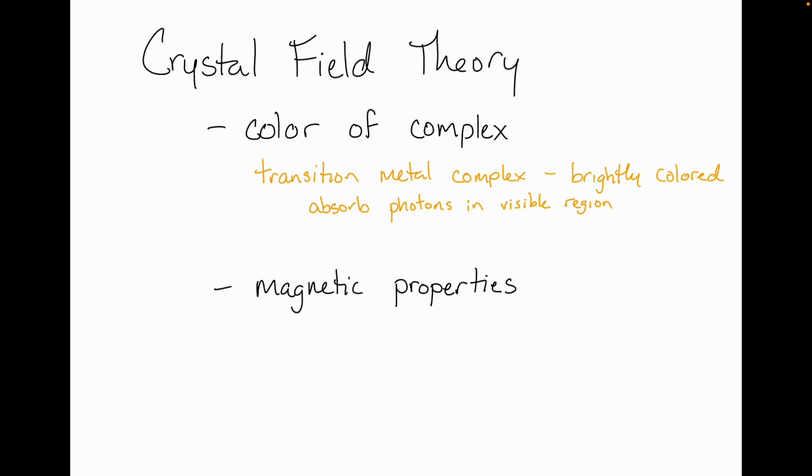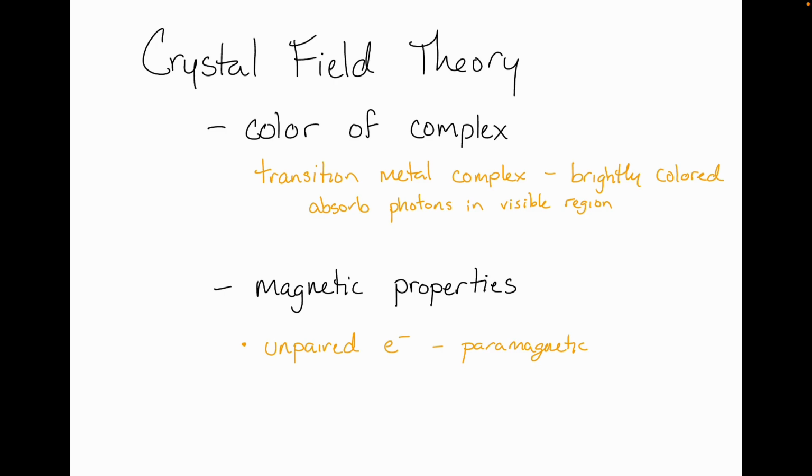Okay, and the other thing is the magnetic properties of these complexes. Anything that has any magnetic properties is because it has unpaired electrons. That's what we call paramagnetic. Again, covalent bonding theory just didn't explain all these obvious magnetic properties.